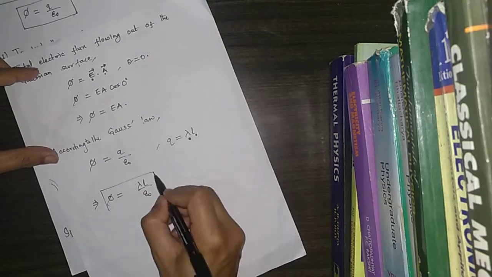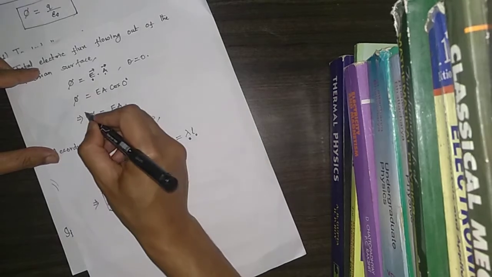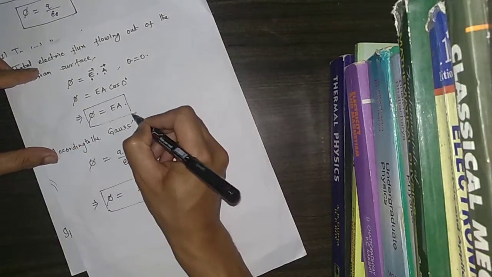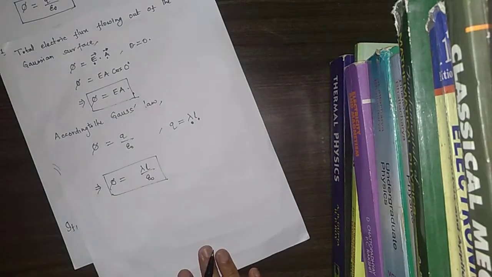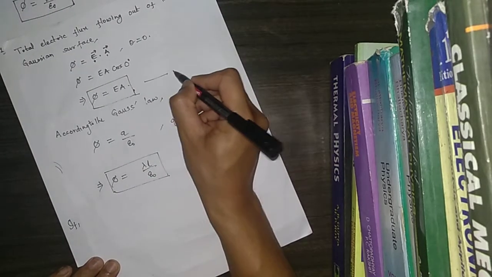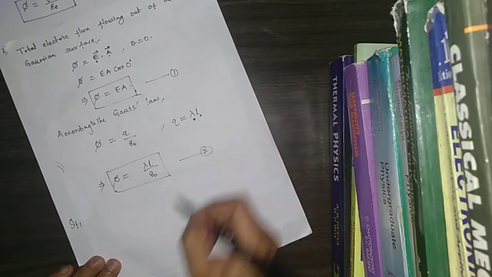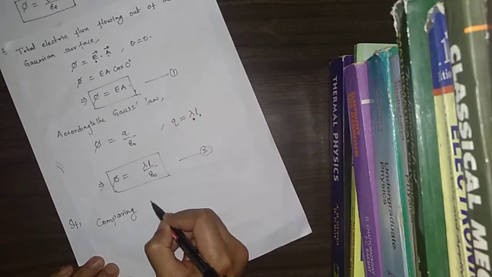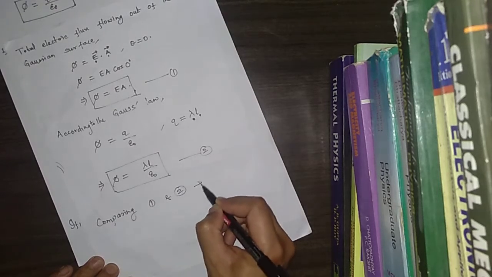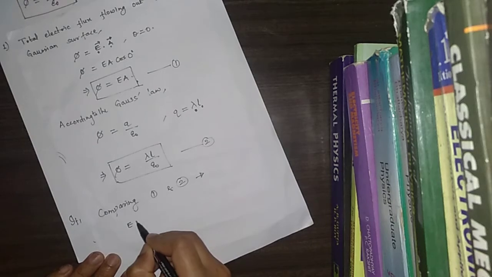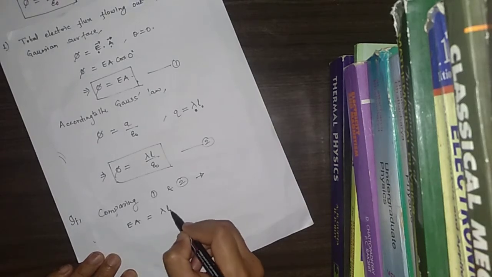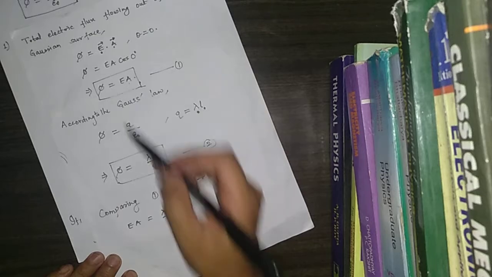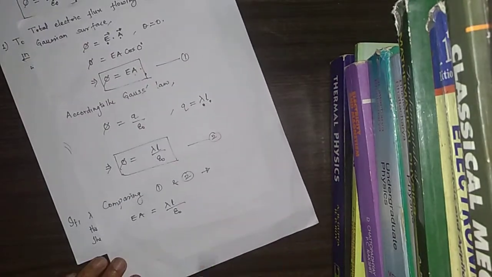So this is your phi from Gauss's law, and this is your phi from electric flux. So comparing, suppose this is equation 1, this is equation 2. Comparing 1 and 2, we will get EA equals lambda L by epsilon 0.